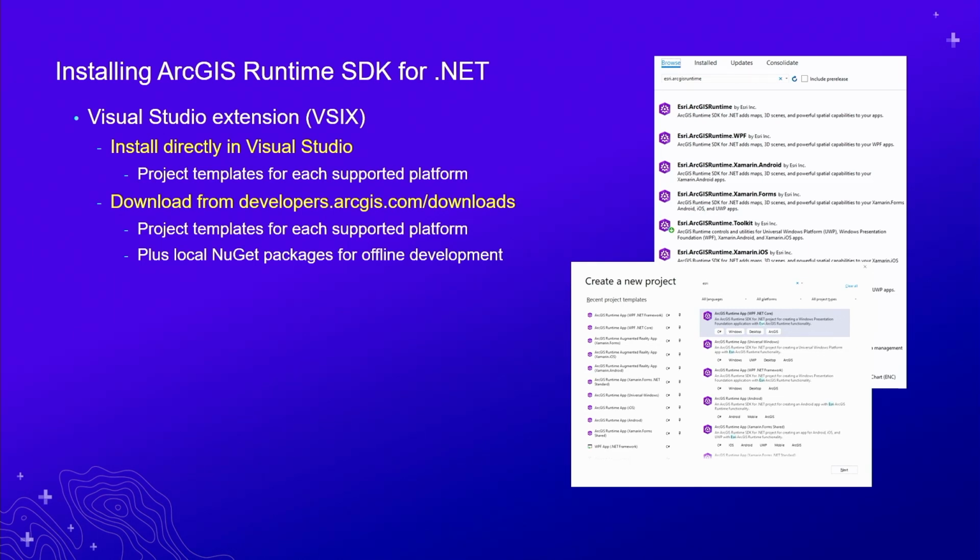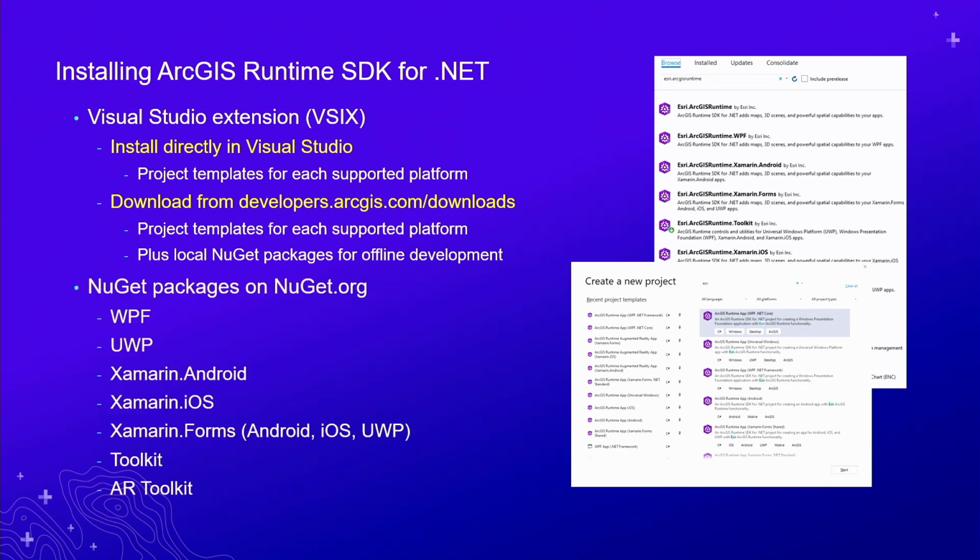You can also download the Visual Studio extension from the ArcGIS developers website, and it contains the same project templates for each supported platform. But the difference between the two extensions is that the one you download from the ArcGIS developers website actually contains the NuGet packages and will create a local NuGet repo for you for offline development.